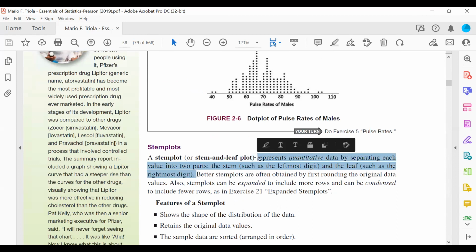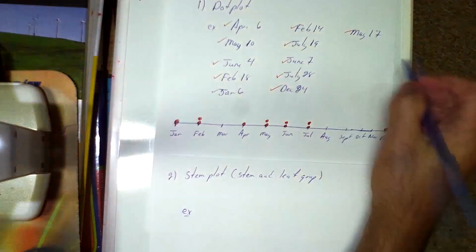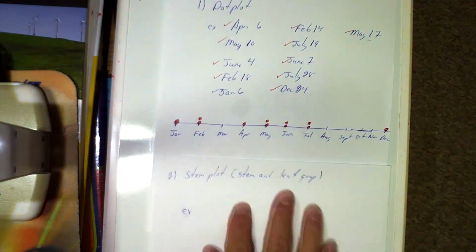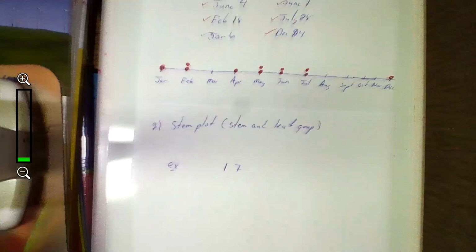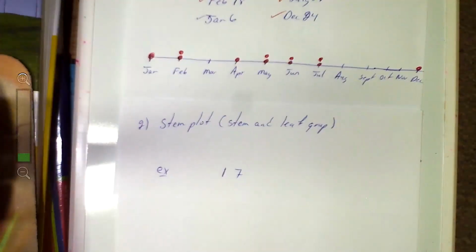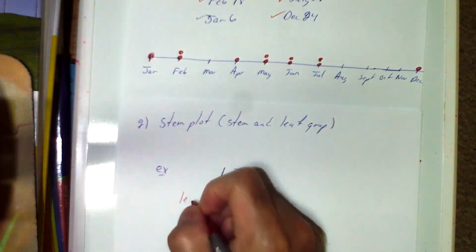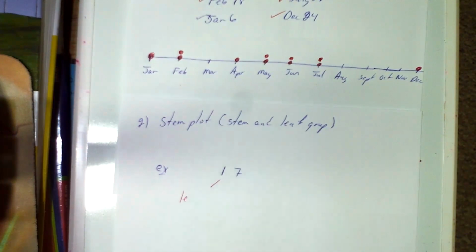Right. So, for example, if I get the day that a student was born on in my data that I collected, and we'll choose the last value with the May 17, right? So I just want the 17. I want the day. So 17, you have to split it up into 2 parts, right? So the leftmost is your stem, the 1, and then your leaf is the 7.